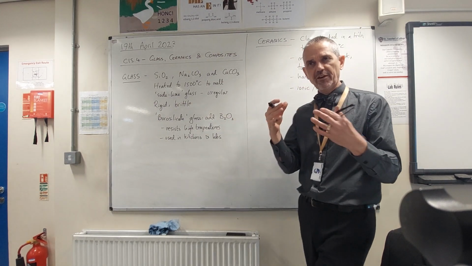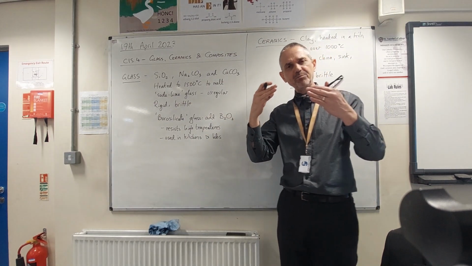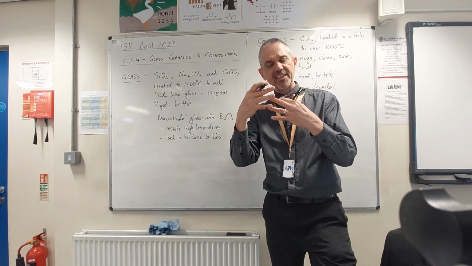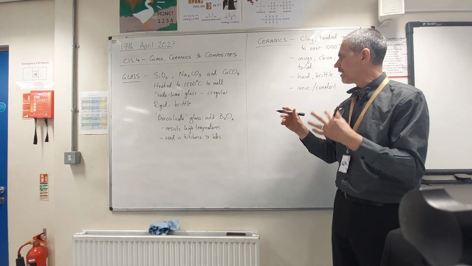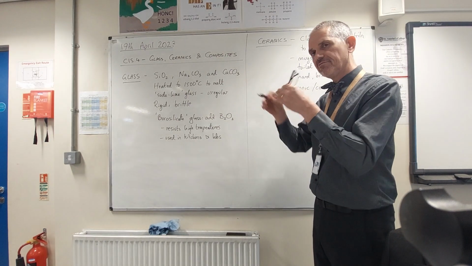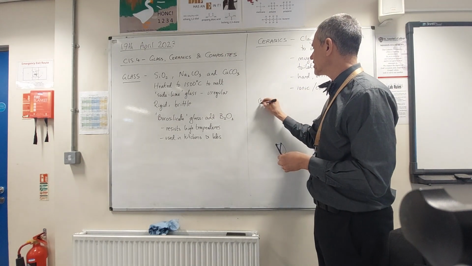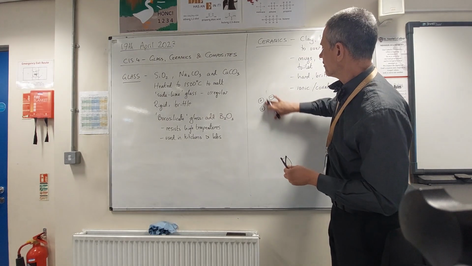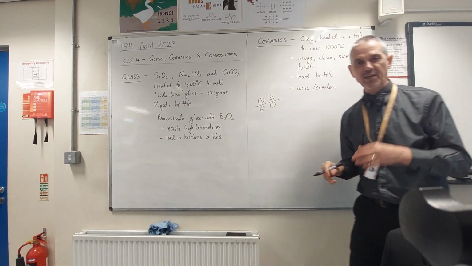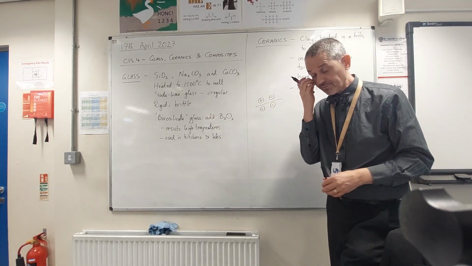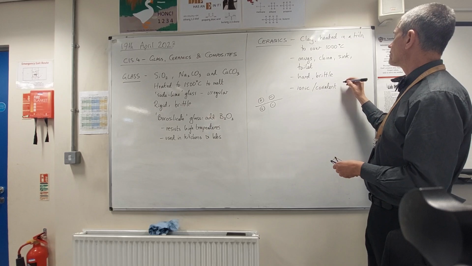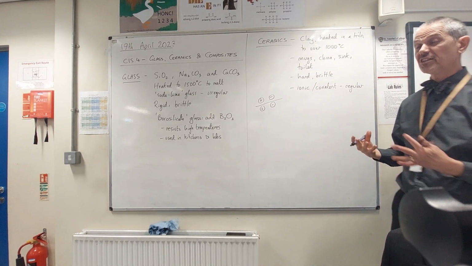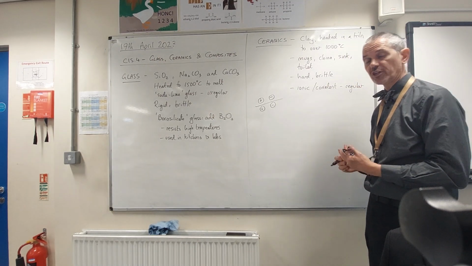And that can mean if you just hit it with a hammer or something, the lattice gets distorted, and you can have, rather than negative with positive, positive lining up with positive and negative lining up with negative, and that causes the structure to split. So unlike glass, ceramics have a much more regular structure.